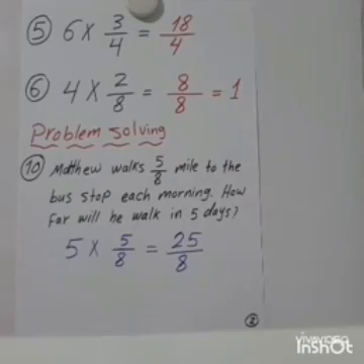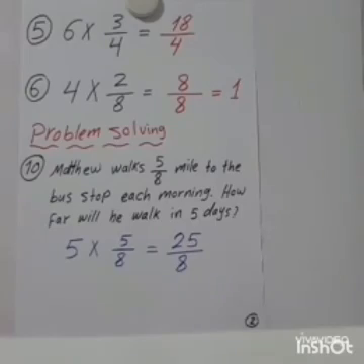So it would be 5 days times 5/8 mile that he walks each morning. So 5 times 5 equals 25 as the numerator over 8. I will not change the denominator because I can imagine that the denominator for 5 is 1. So 5 times 5 is 25, and 8 times 1 equals 8. So he walked in 5 days 25/8 mile.